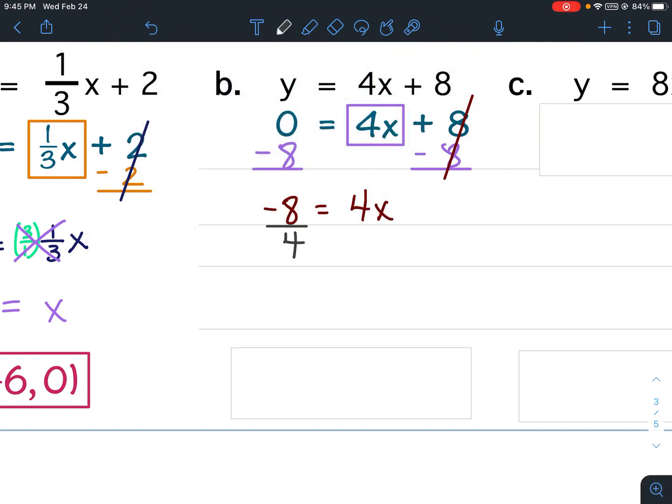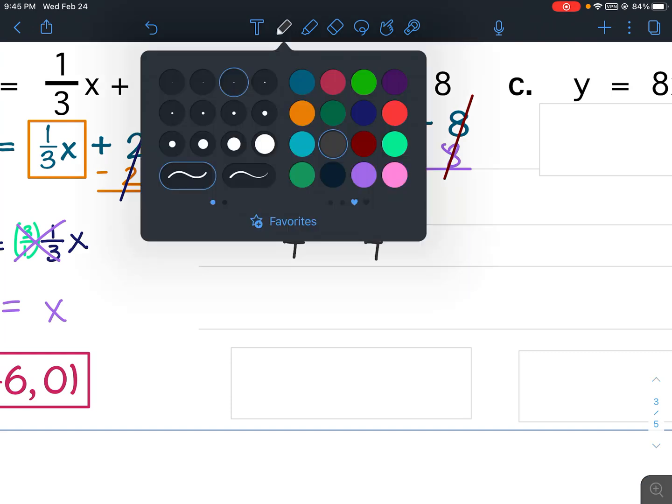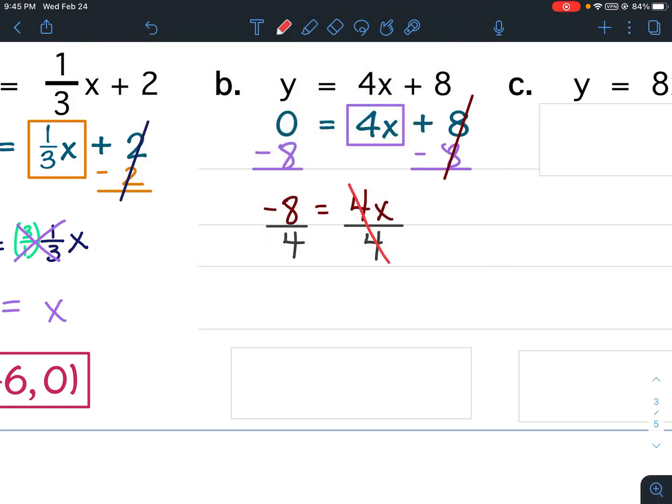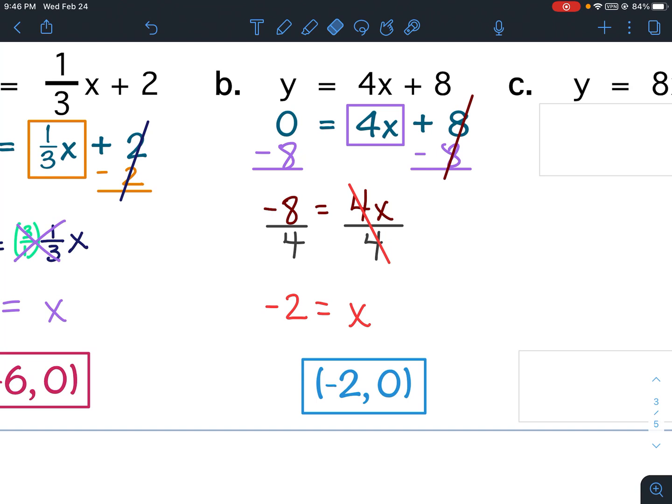Divide both sides by 4. -8 divided by 4 is -2. So what is the ordered pair for this equation? -2, 0.